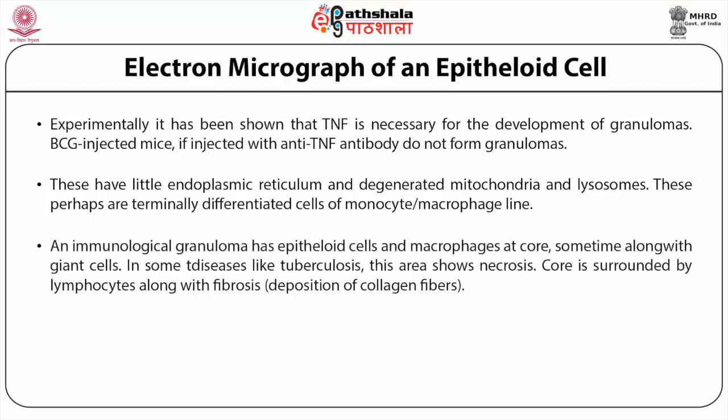An immunological granuloma has epithelioid cells and macrophages at the core, sometimes along with giant cells. In some diseases like tuberculosis, this area shows necrosis. The core is surrounded by lymphocytes along with fibrosis.